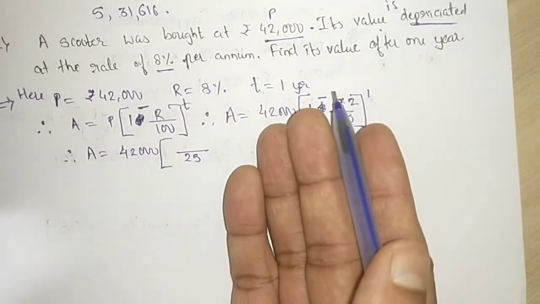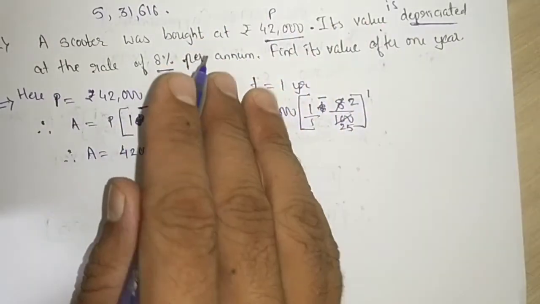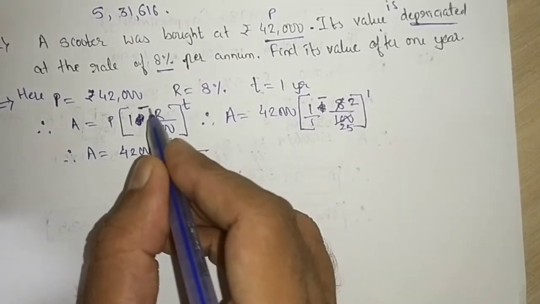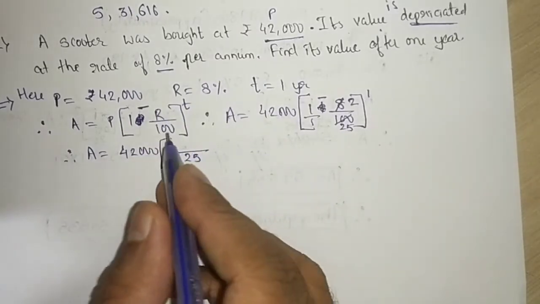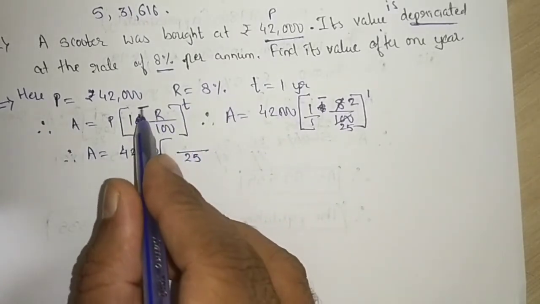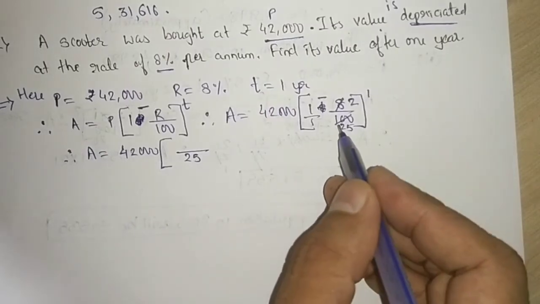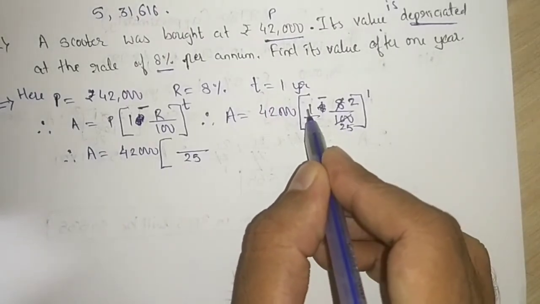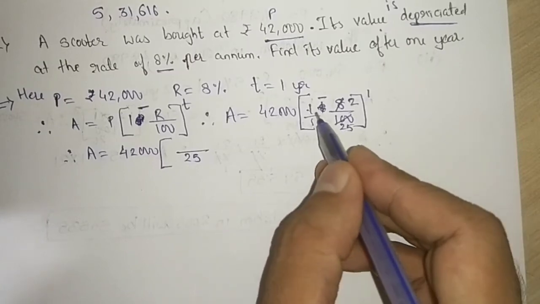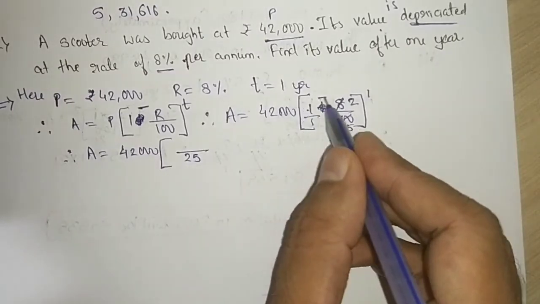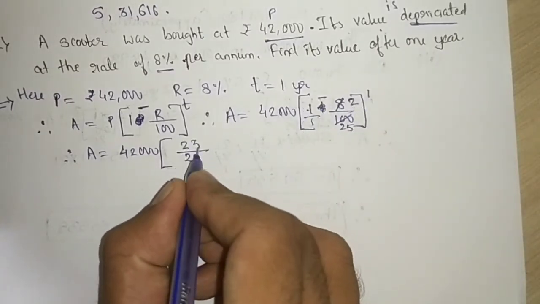Why are we taking minus? Because the value will decrease. If it is increasing, we take plus. So definitely whenever it is decreasing, we will take minus. So 25 ones will be 25. After taking LCM, 25 ones are 25 and minus 2 will be 23.